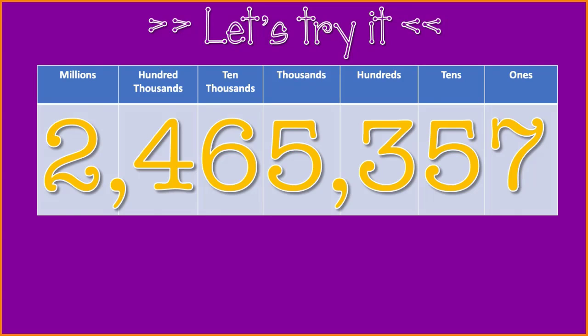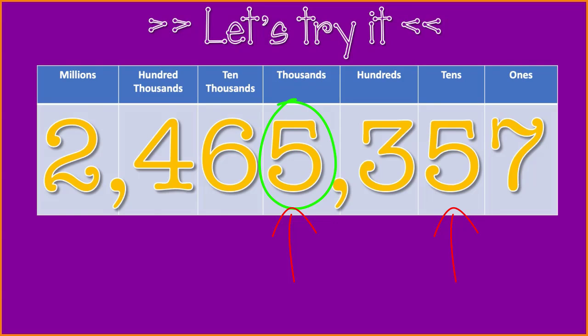Now, what value is this digit here? The digit we are identifying is 5. What value does this 5 have? Be careful. There are 2 digits with the same number value, the same number.